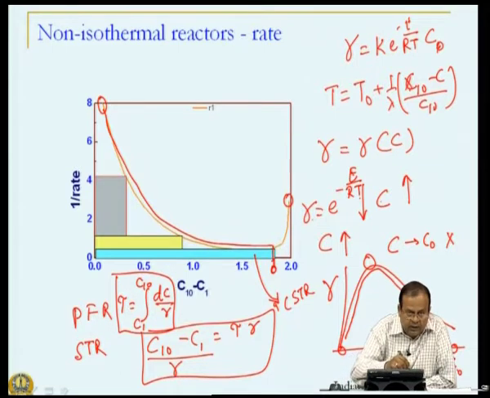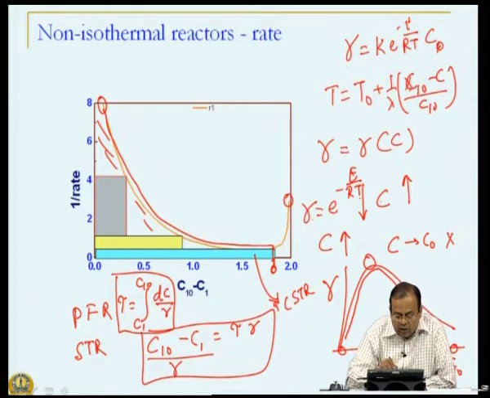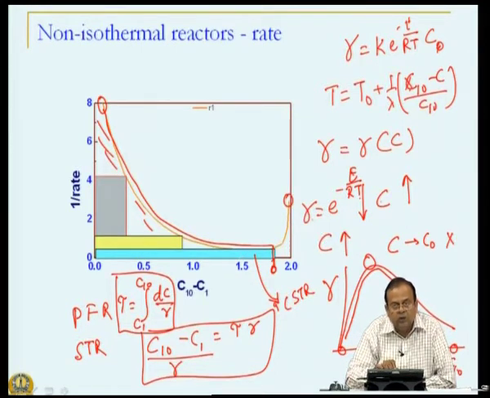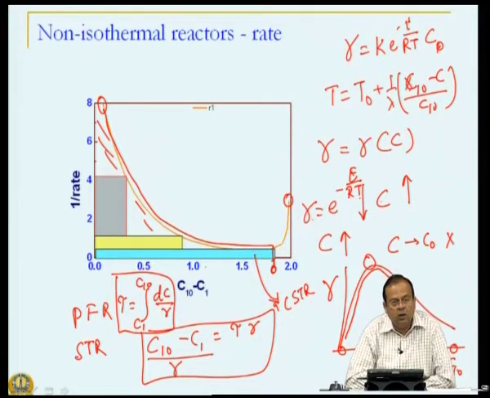So, this entire area, which certainly is much greater than that for a stirred tank reactor, or in other words, for a non-isothermal reactor, adiabatic reactor, the residence time required in a stirred tank reactor to achieve certain conversion is much smaller than the residence time required in a plug flow reactor.